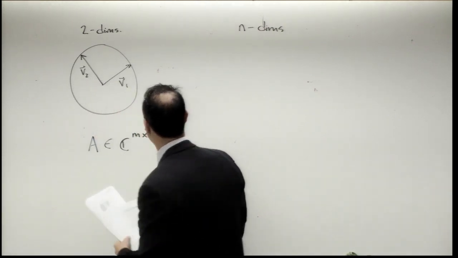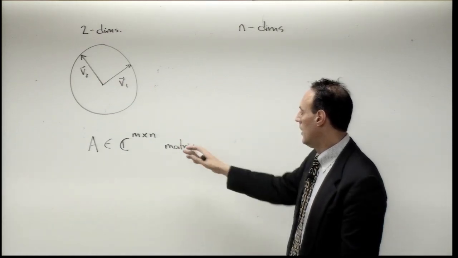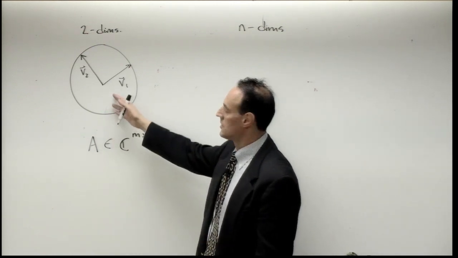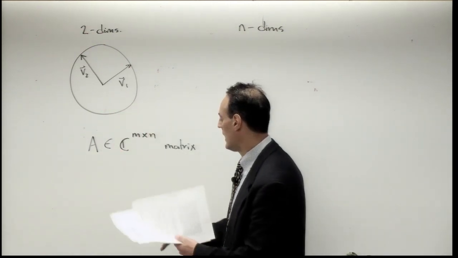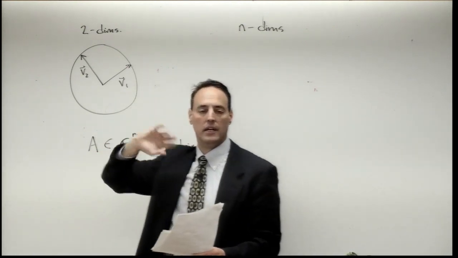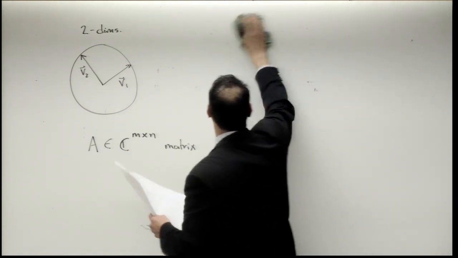I can ask the following question: what happens to a sphere under this matrix operation? Now in this case, since it's 2 dimensions, it's not going to be m by n. It's going to be a 2-dimensional matrix. Like, what happens to these vectors when you hit it with a matrix multiply. Let's take this out for a minute.